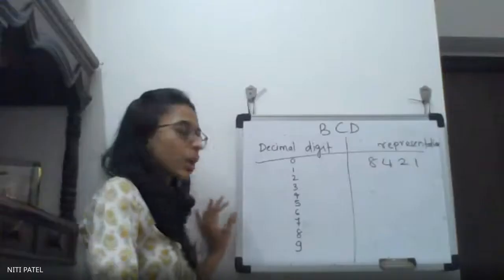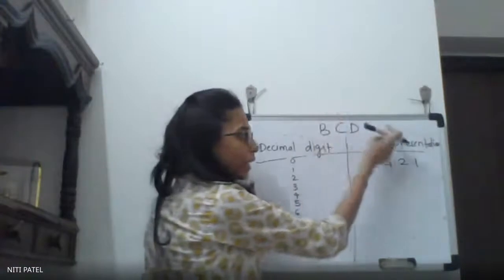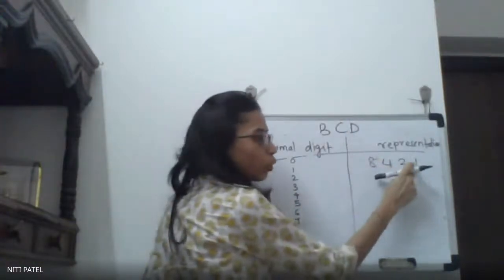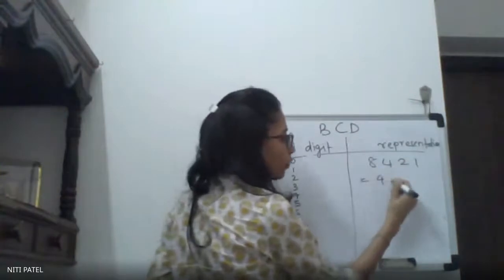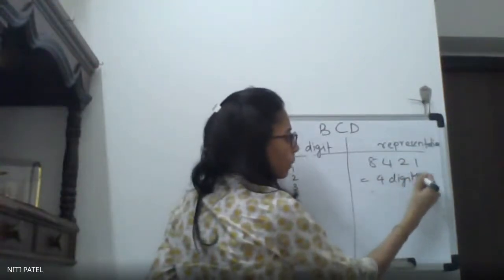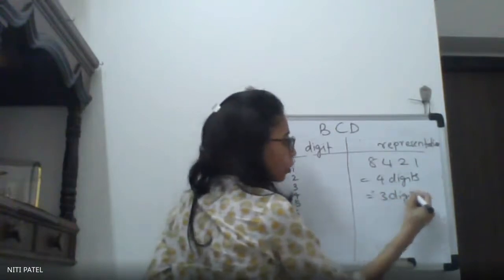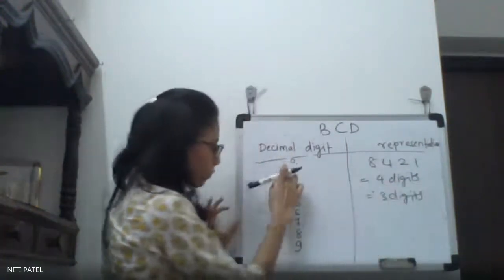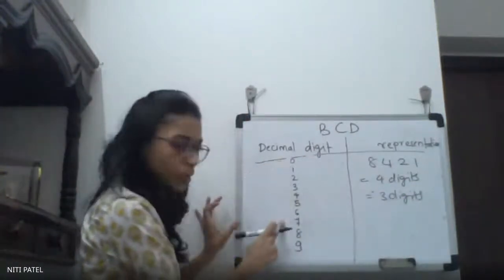What we do is we convert these decimal numbers into binary numbers by using this 8421 format. If it is 8421, we call it 4 digits. But if we make use of only 421, we call it 3 digits. When I use 4 digits, it is from 0 to 9. But when I use 3 digits, it is from 0 to 7.